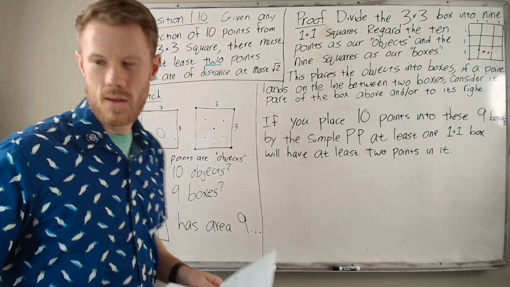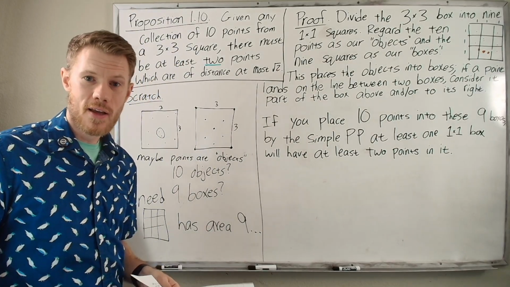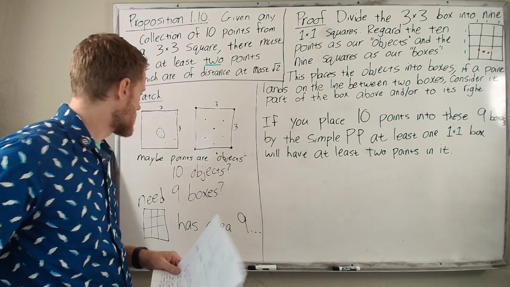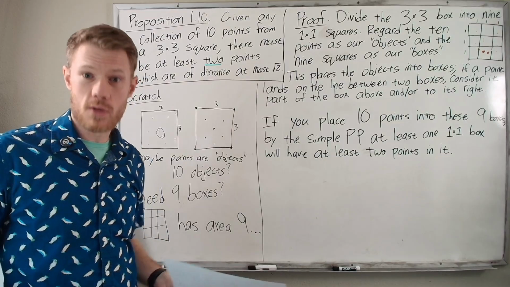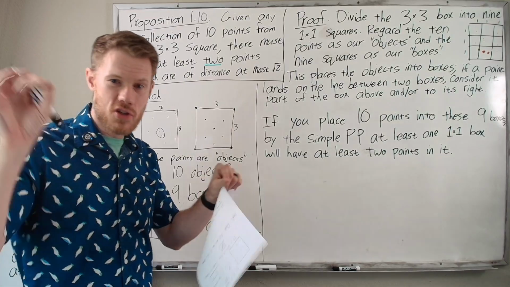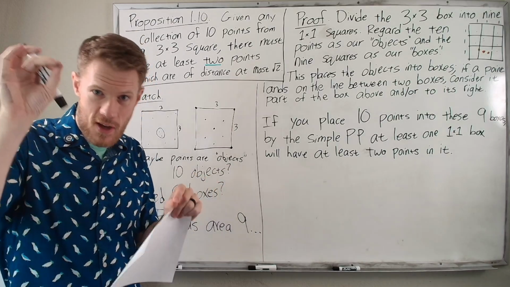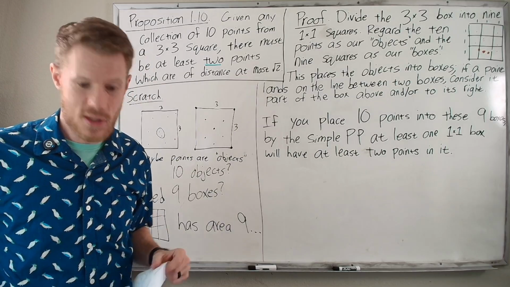Okay. So there you go. So now we just have to conclude that these 2 points must be within distance at most square root of 2. So we just have to note that in a square, the farthest 2 points could be apart from each other are the opposite corners, and the distance of that is the square root of 2.